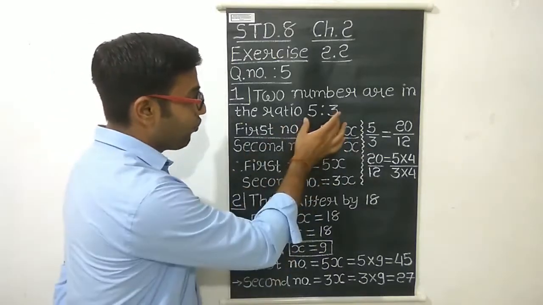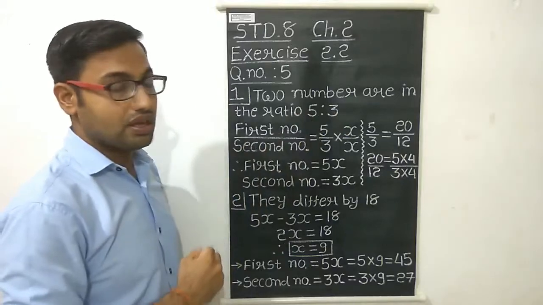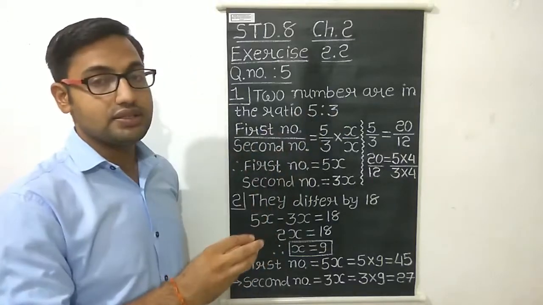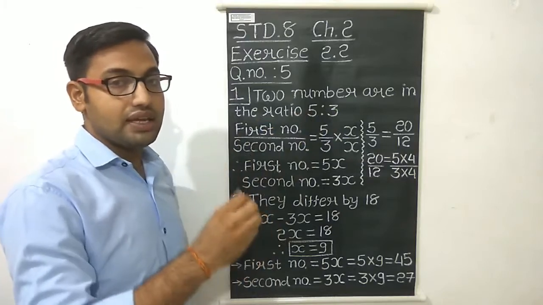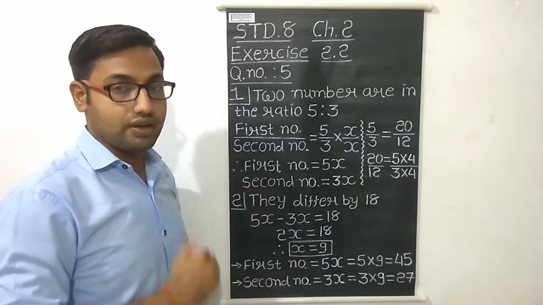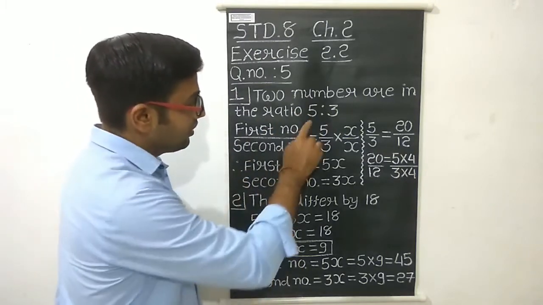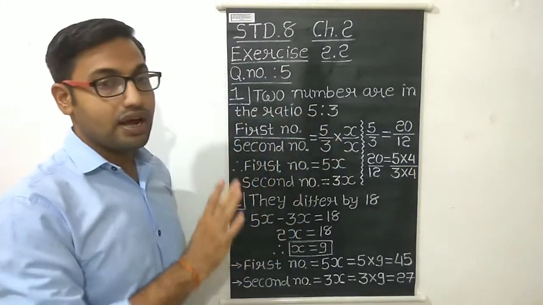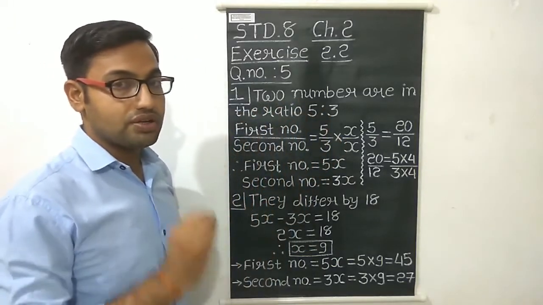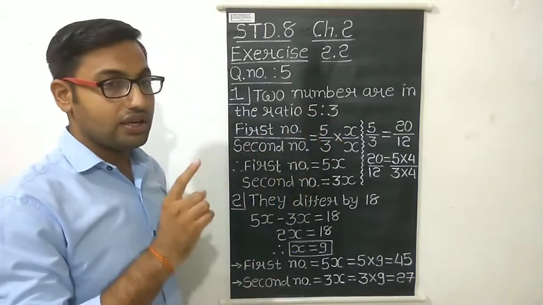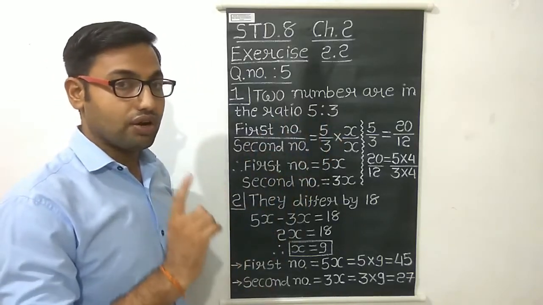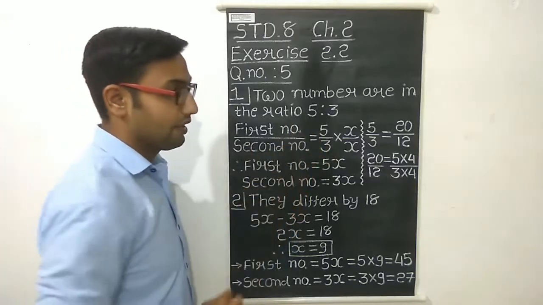We don't know what the actual numbers are, because a ratio is obtained by cancelling out the common factors. That means 5 and 3 have no more common factors other than 1. 1 is the common factor of 5 and 3.